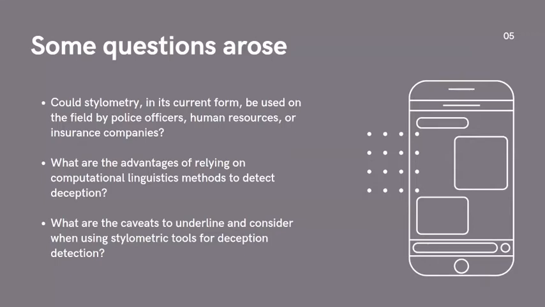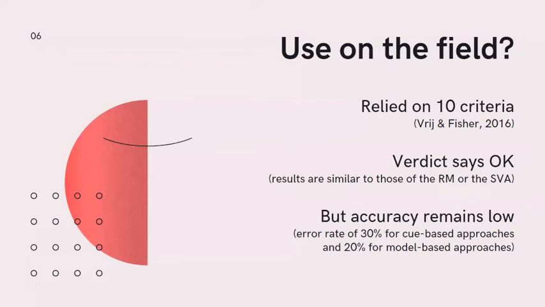So to answer the first question, could stylometry in its current form be used in the field? We relied on 10 criteria that were expressed by Vrij and Fisher in 2016. Those 10 criteria aim to assess if a method to detect deceit could be applied in the field.